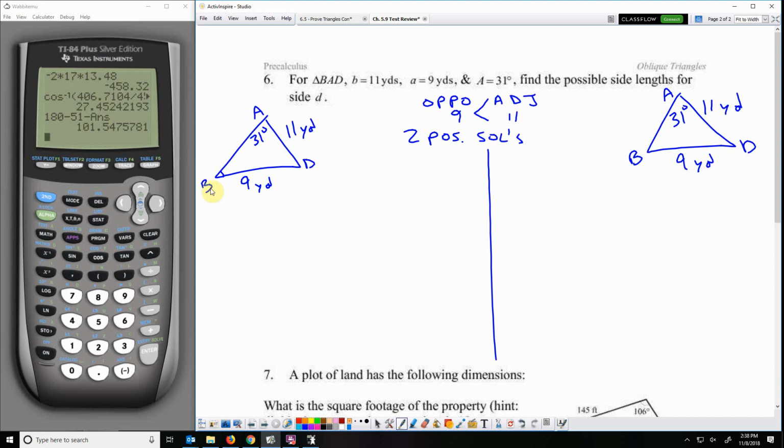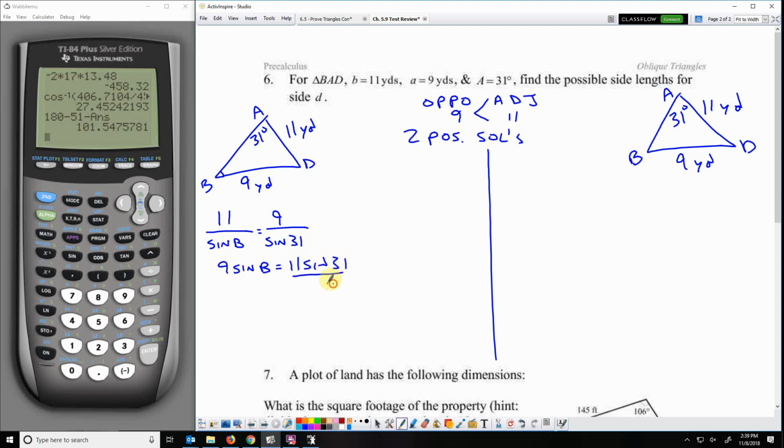So to find angle B, we're going to do 11 over sine B equals 9 over sine 31. Okay, so when we cross multiply, we're going to get 9 sine B equals 11 sine 31.